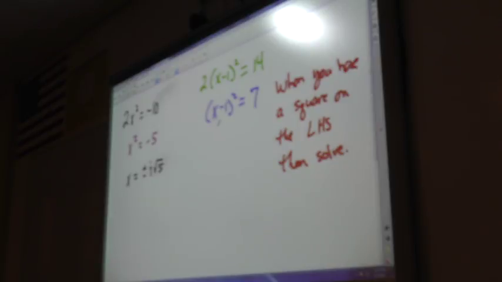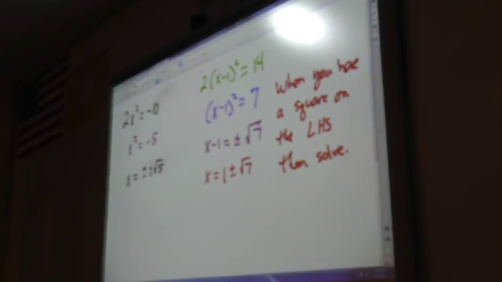All right. So what do I do now? Square root both sides. This is how you know you can solve it, right? You have a perfect square. You take the square root. Now how easy is this to solve? Now I am skipping intermediate steps.